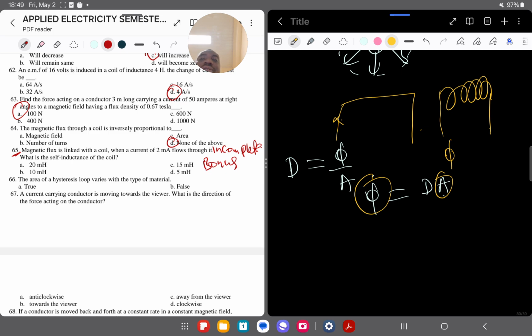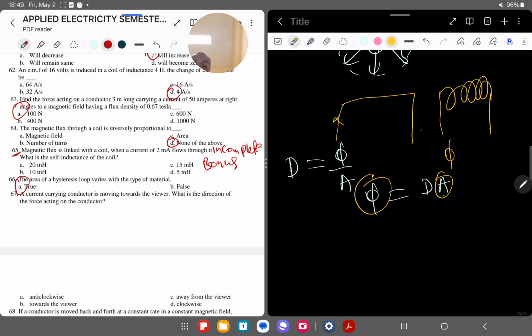Depending on the type of magnetic material you have, the area is going to be different. That's why we can classify magnetic materials into two groups: soft ferromagnetic materials and hard ferromagnetic materials. It is because of the area of the hysteresis loop, which varies with the type of material. So the answer here is true.